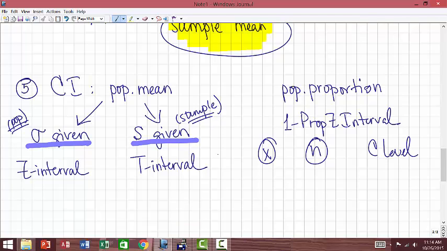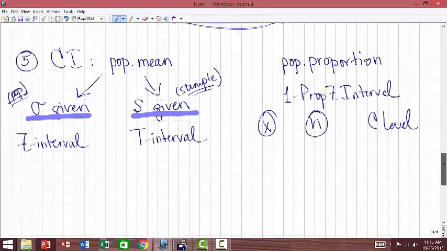Then you would have a conclusion like: we are 95% confident that the interval we computed actually contains the population mean or the population proportion, depending on which one you are dealing with, and then you finish with the context of the problem.